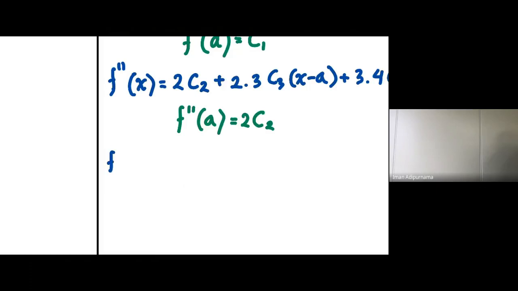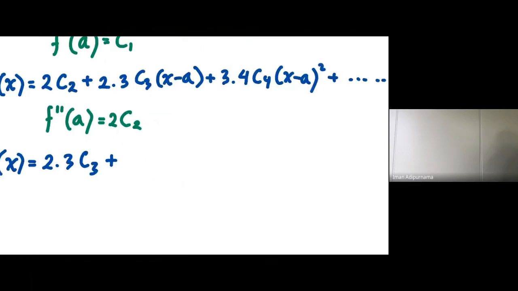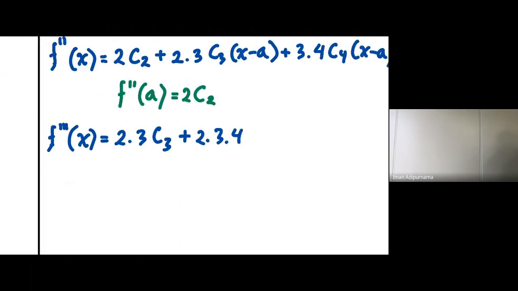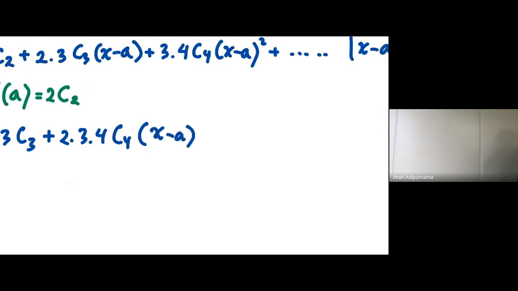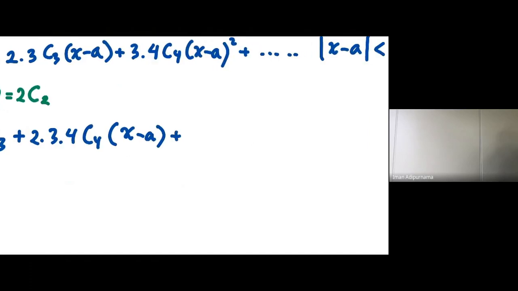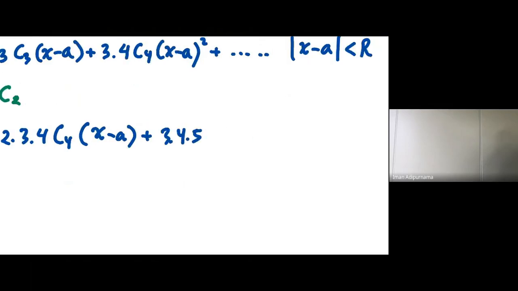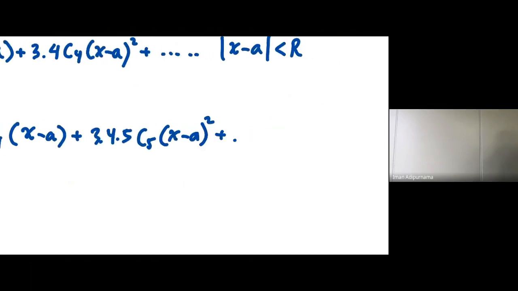The third derivative should be 2, 3, C3 plus, now 2 going to the front here, 2, 3, 4, C4, and maybe plus 3, 4, 5, C5, x minus a squared, and so on.